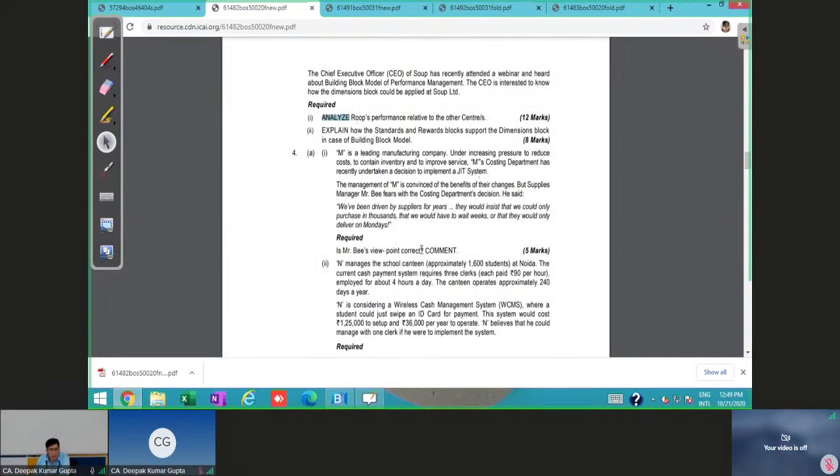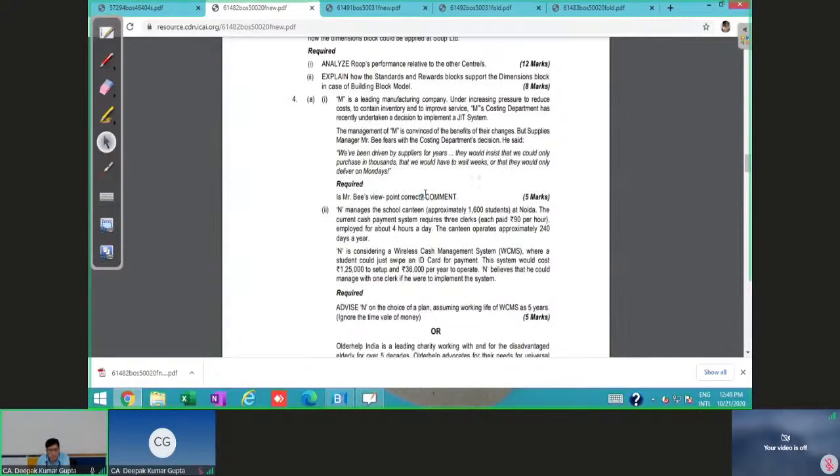In 4a, the verb used is comment. Simple comment. You have to comment on this issue. This is a short case scenario on just in time, and here it is showing the supplier's importance.